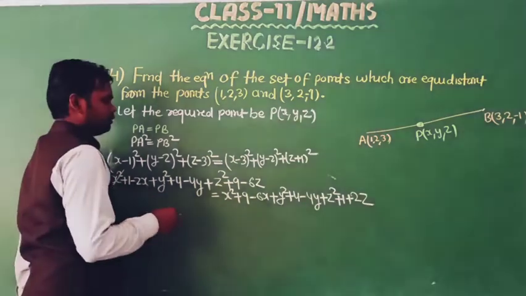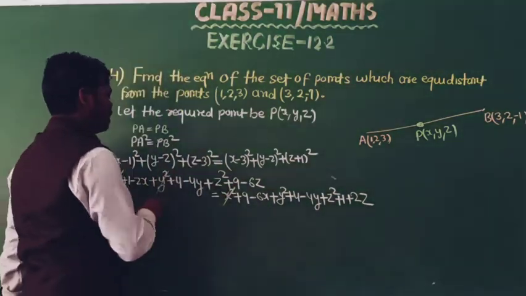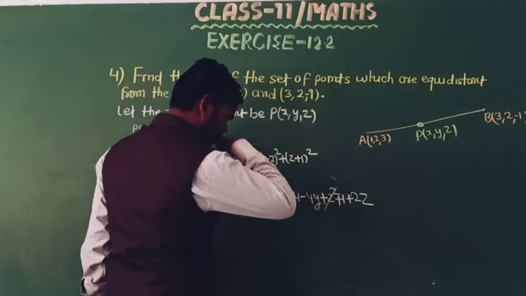Okay, so here we can clearly see x square cancels out from both sides, and also y square and z square.